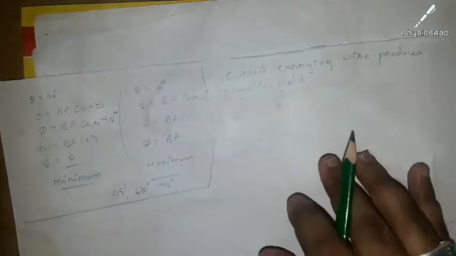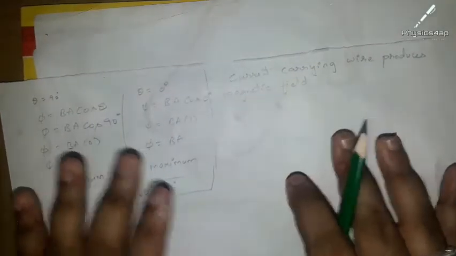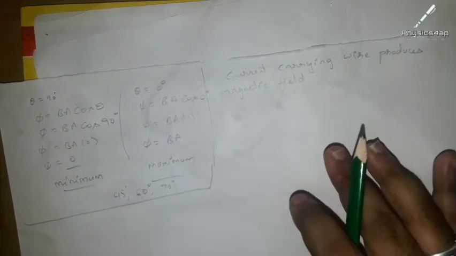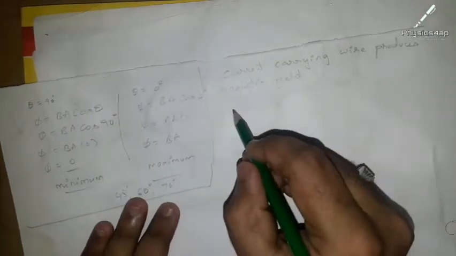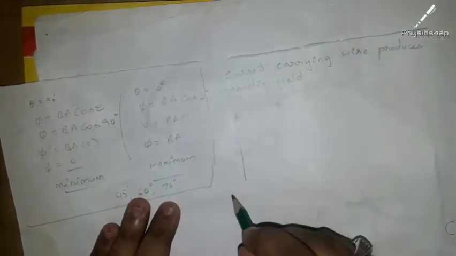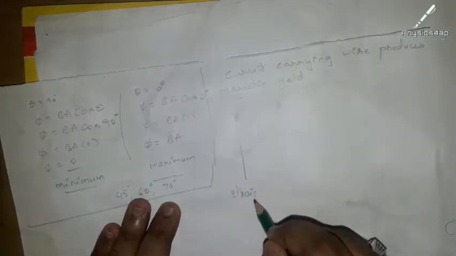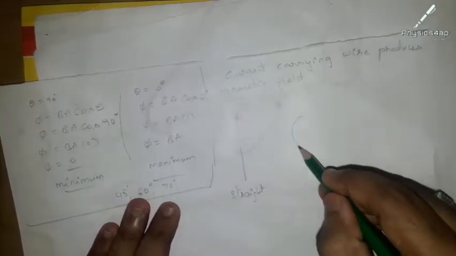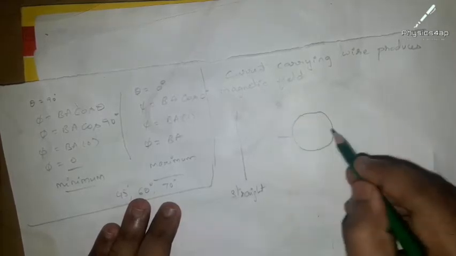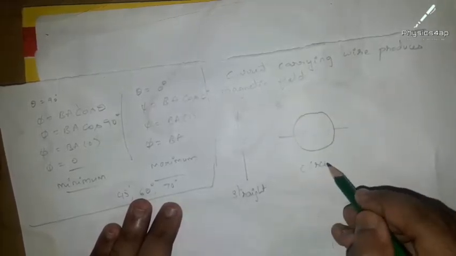Now we have three types of situations over here. One is the magnetic field passing through a straight line, and another one is a circular loop. I will show you what the circular loop is, how it will be.